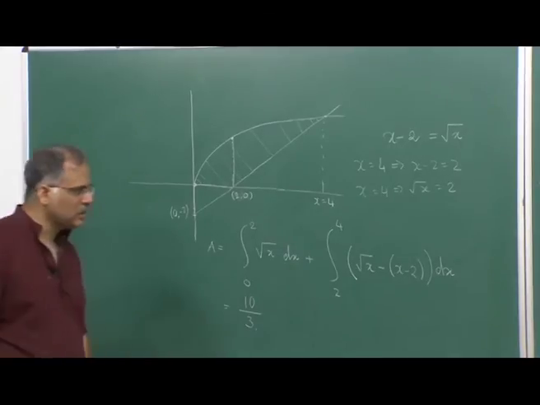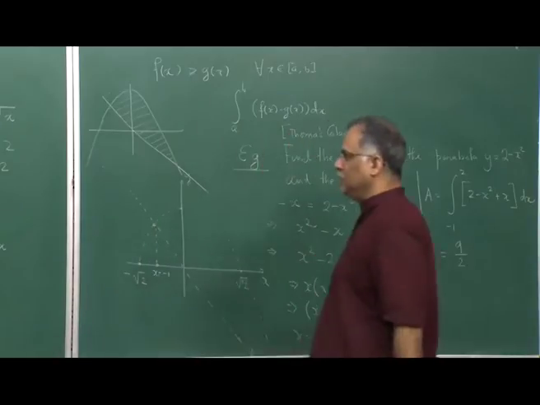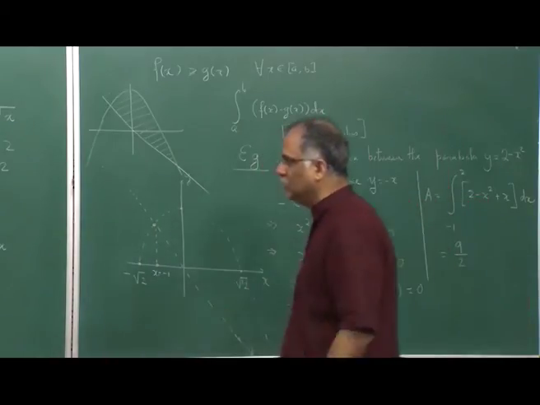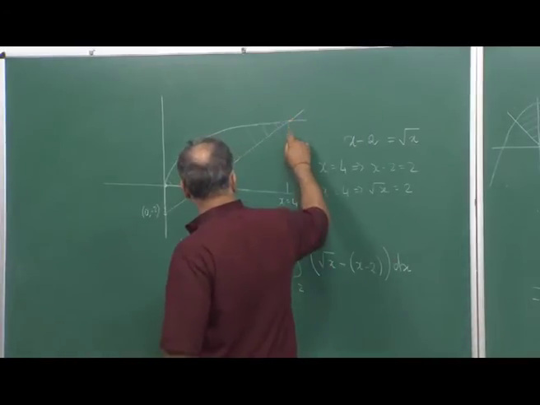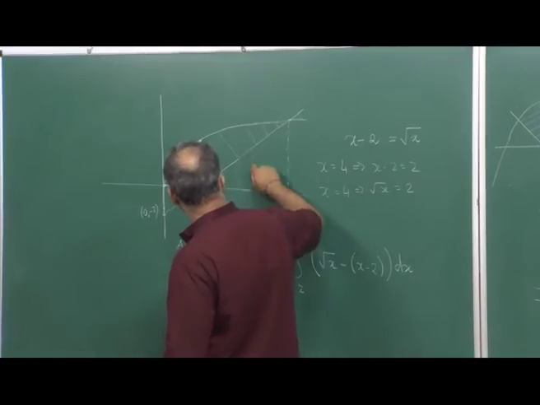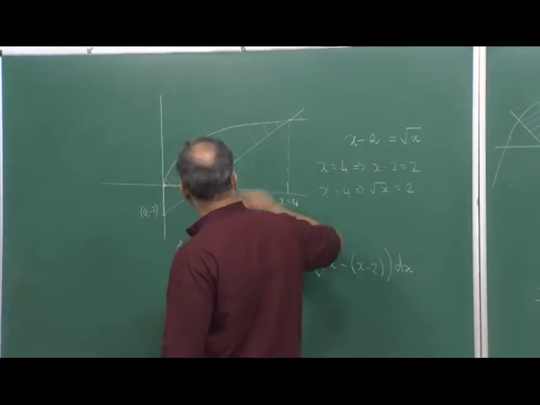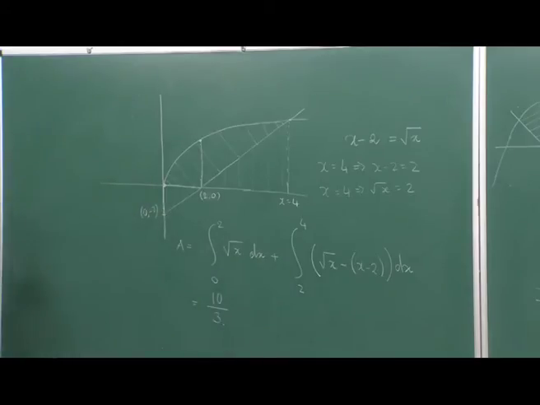Now, you can do it in a slightly different way in this particular case, because if you observe it very carefully, this is a triangle actually. This triangle has base length 2 and height 4.